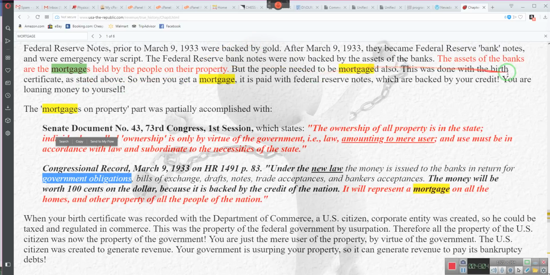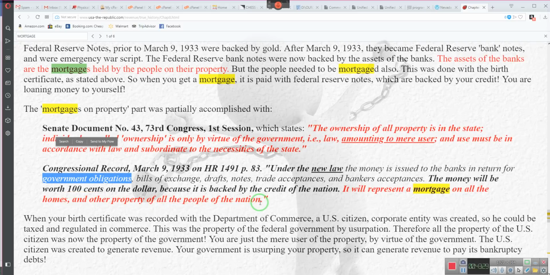It says the assets of the banks are mortgages held by the people on their property, but the people needed to be mortgaged also. See, it represents a mortgage on all of the homes, and the all is still included, other property of all the people.